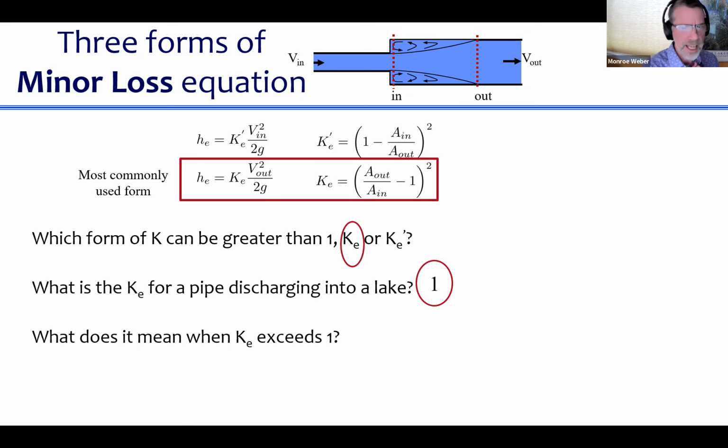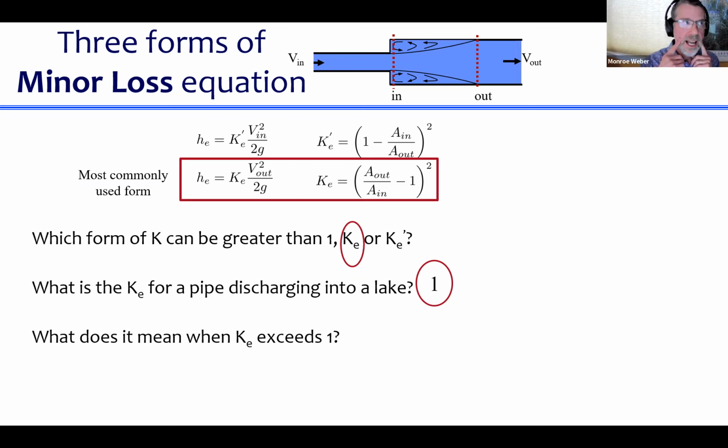So now if KE equals 1 means that we lost all of the kinetic energy, what does it mean when KE exceeds 1? Oof. If KE is bigger than 1, this is that trick that, remember, our velocity is some characteristic velocity.